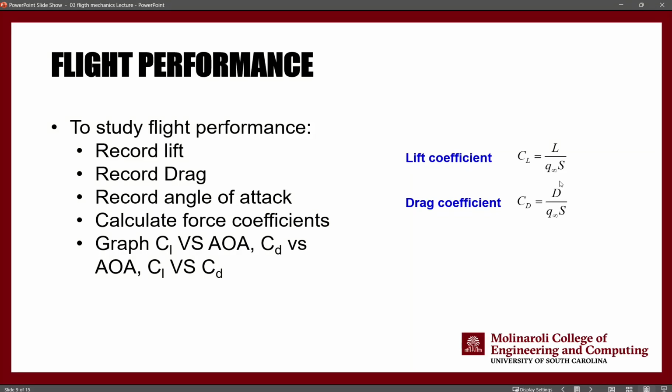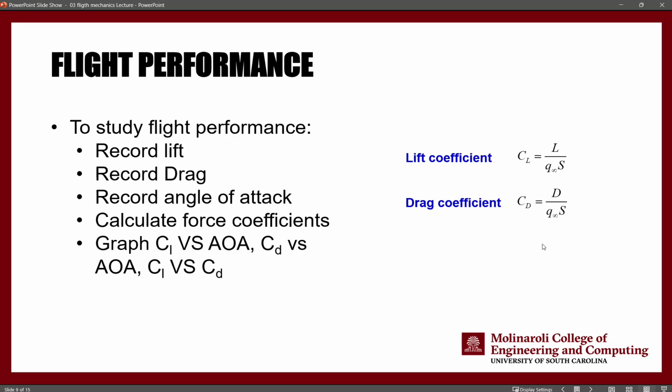Again, this is information that you can find online or using the software. And record the flight velocity, as well as finding the density of the air at different altitudes. Using all of this information, you can calculate Q infinity, S, and L, and eventually the lift coefficient and drag coefficient.